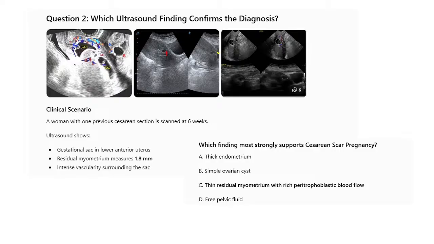C. Thin residual endometrium with rich peritrophoblastic blood flow. D. Free fluid. So our correct answer here is C. Explanation: typical cesarean ectopic pregnancy demonstrates very thin residual endometrium, hypervascular trophoblastic ring, low resistance Doppler flow. These findings will distinguish CSP from miscarriage or low intrauterine pregnancy.